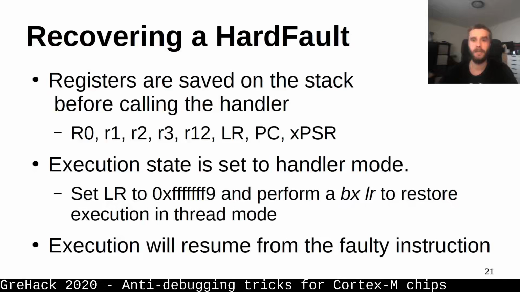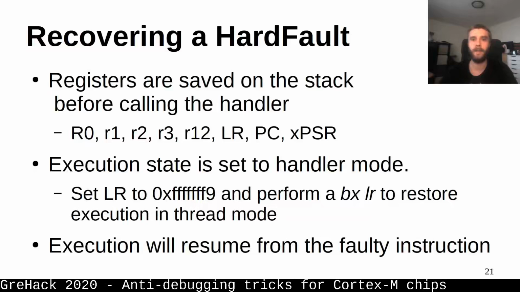The second problem is that when we are entering a fault like this, the execution state is no longer in thread mode or normal mode, it's in interrupt mode. So we need to get back to the code in the correct execution state. If you look at the ARM documentation, it will tell you that you need to jump to address 0xFFFFFFF9 to resume execution in the previous state.